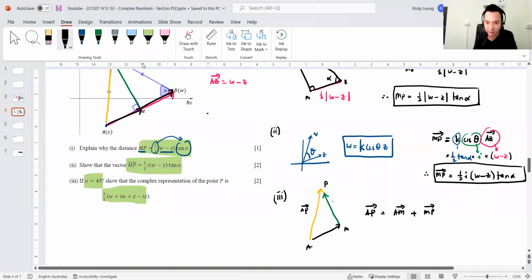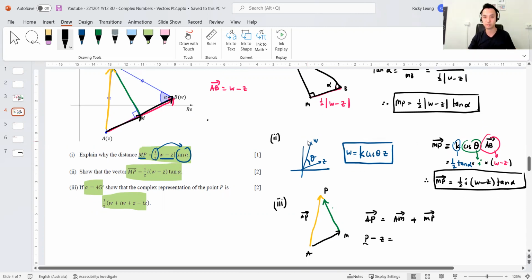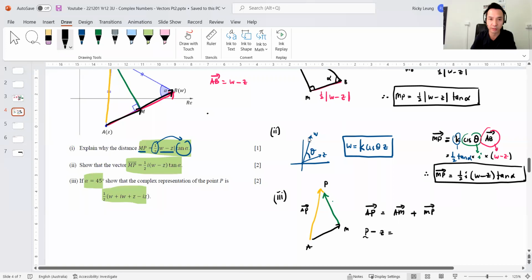Now, just to write this as P minus A, which is actually Z, that's the complex number represented by that. That equals AM plus MP. AM is just this guy here.